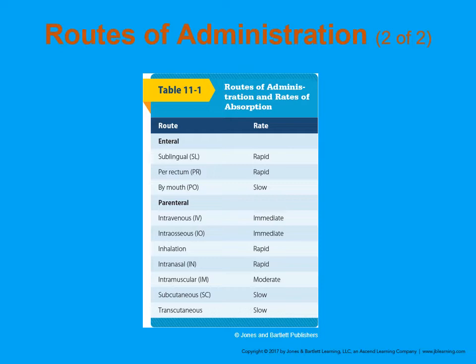Intravenous injection, which means into the vein, is the fastest delivery but cannot be used for all medications. Intraosseous injection, into the bone, reaches the bloodstream through the bone marrow, and it requires drilling a needle into the outer layer of the bone. This is also known as IO.